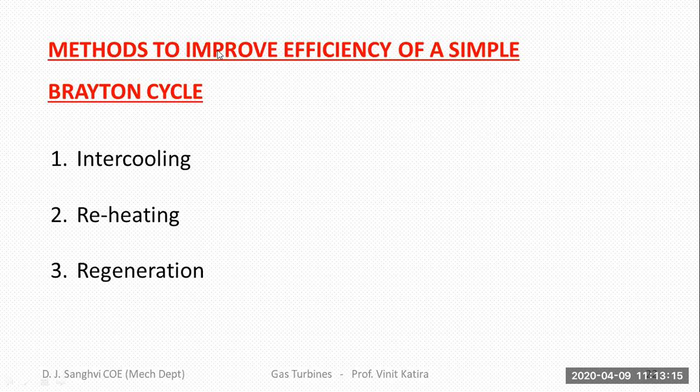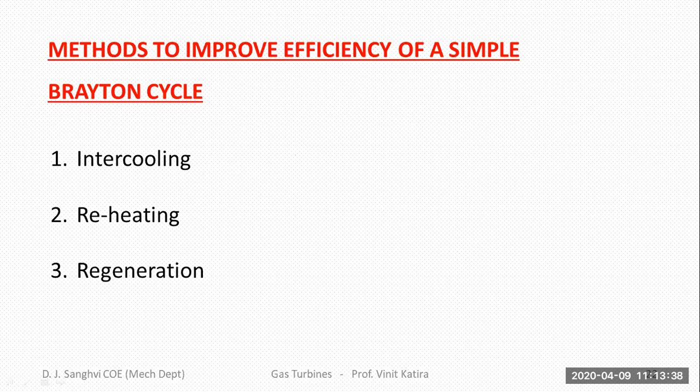So it works against the compression process. So it is always beneficial to compress the gas in two stages or more than two stages depending on the pressure ratios. So if you are operating at pressure ratios of more than 6, then it is advantageous if you have a two-stage compression process.